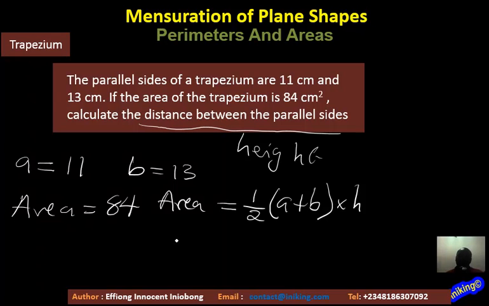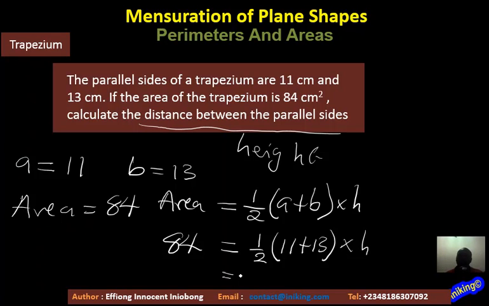Now we are told that the area is what? 84. And therefore this is half parallel sides 11 plus 13, then times our height. Of course, 11 plus 13 is 24. That will be 24 divided by 2 times the height. 24 divided by 2 is 12.